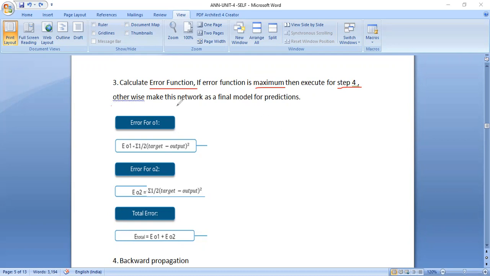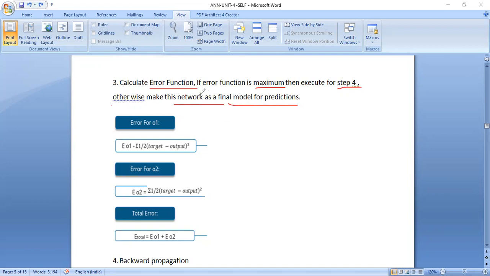Otherwise, make the above network as a final model for predictions. No need of changes of any values or anything of that network. Okay, that network is used for future predictions. On the network, you can apply any kind of new data, then you would get the results. Okay, that means it's like predictions. Okay, so this is the step 3.